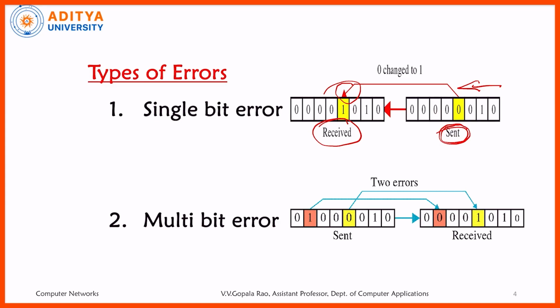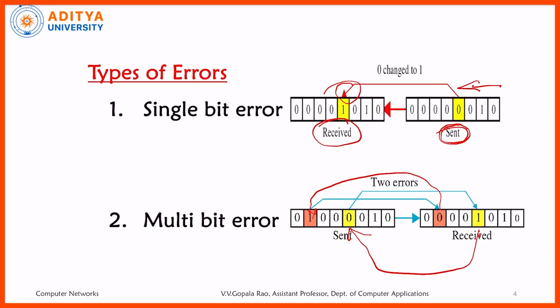Sometimes the error may occur in two positions. In that case it is called a multi-bit error. You see that in this example, this 1 is changed to 0 and this 0 is changed to 1, so two things are happening here.